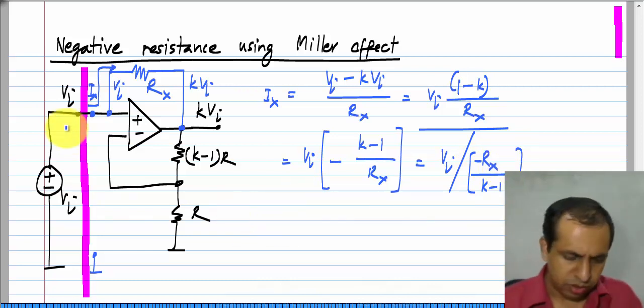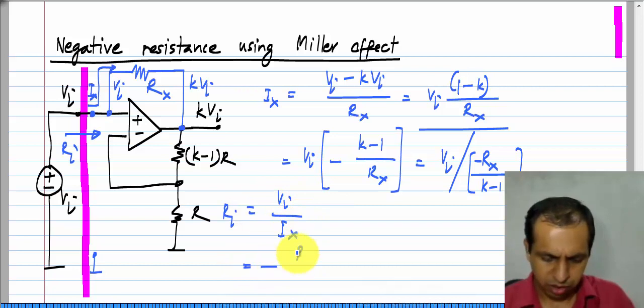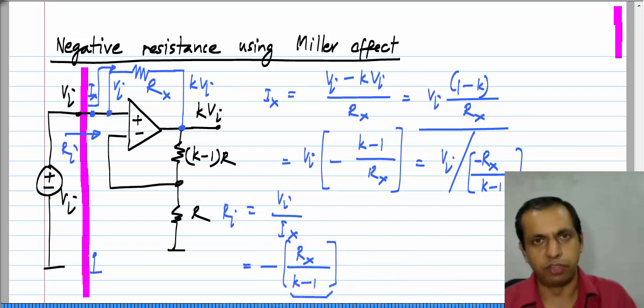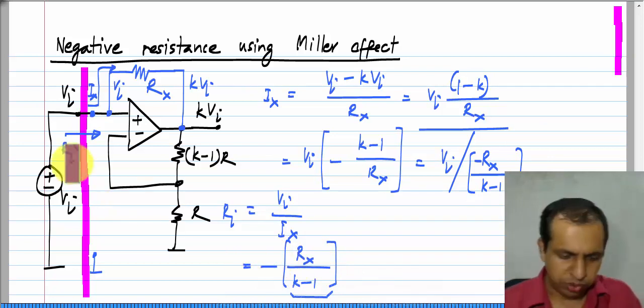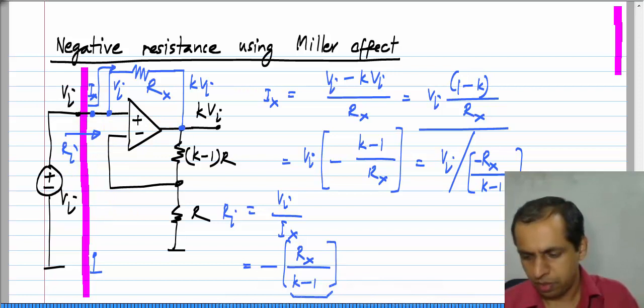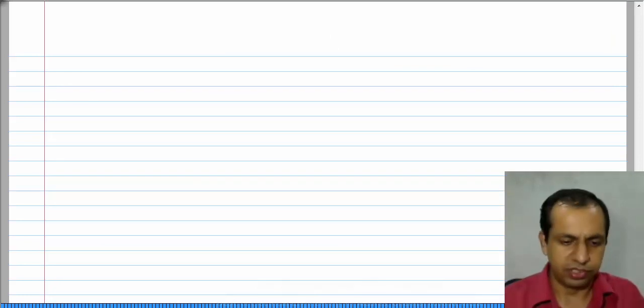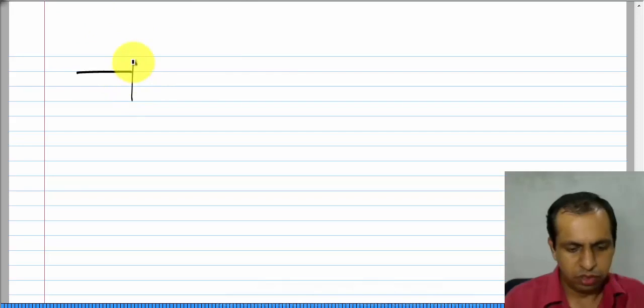So, the resistance looking in here Ri, which is Vi by Ix, is nothing but minus Rx divided by k minus 1. So, this k minus 1 is a positive number and Rx is of course positive, it is a physical resistor. So, the input resistance of this circuit is negative. Okay. So, if you wanted to synthesize a negative resistance, this is how you would do it.